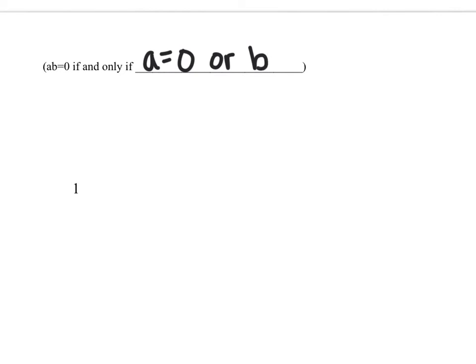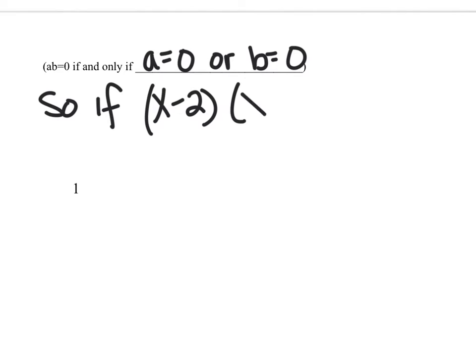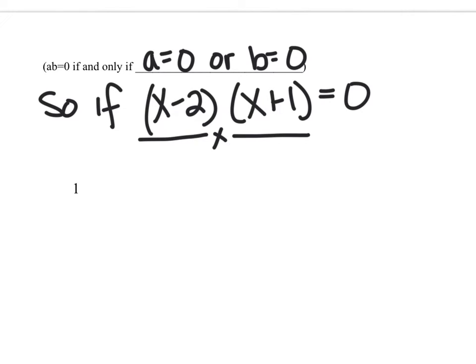or B equals 0. So if x minus 2 times x plus 1 equals 0, it's two things being multiplied together to equal 0. One of these two things must be 0.